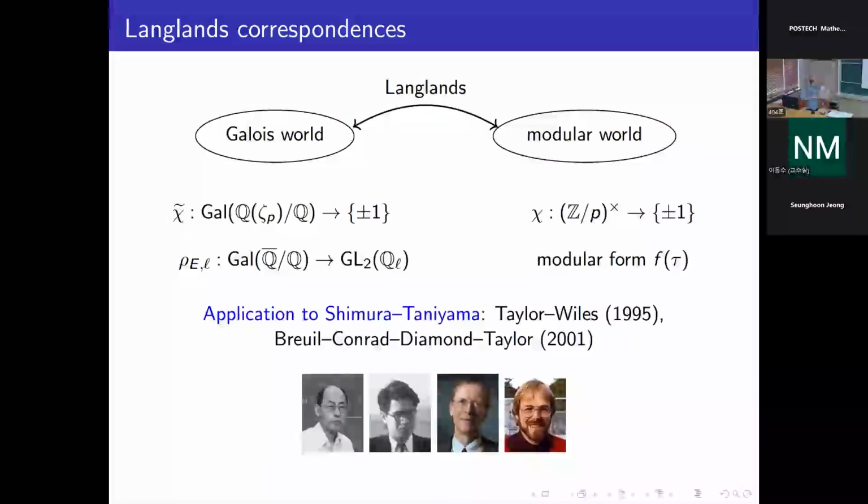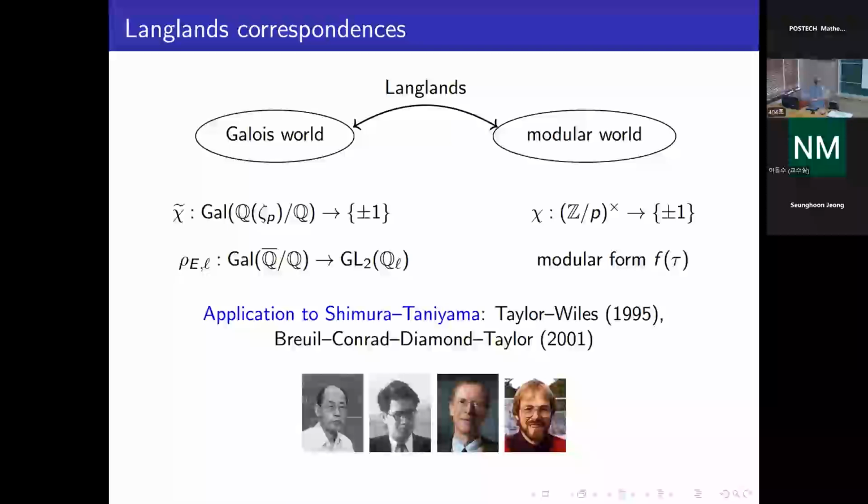So here is a little bit about the picture. On the one hand, we have Galois objects. So we had the one-dimensional representation, even just going to plus or minus 1, of the Galois group of the cyclotomic field. And we had the two-dimensional representation coming from the elliptic curve.